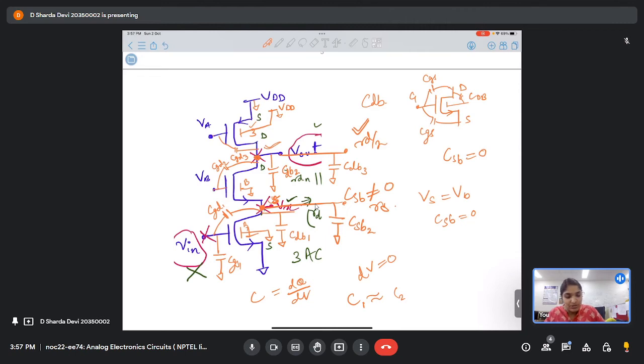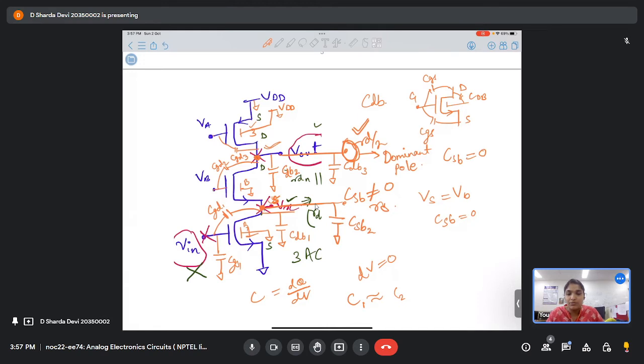So this Vout node is your dominant node, or it will give your dominant pole. Is this clear how we found the dominant pole? See, this analysis is very important. That's why I'm taking this much time explaining, because this is one of the most crucial analyses we require, since you always need to find out your dominant pole.